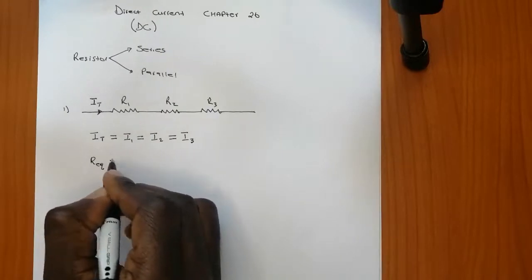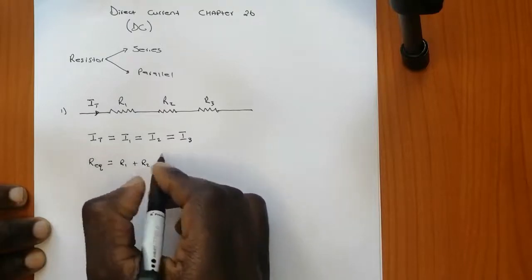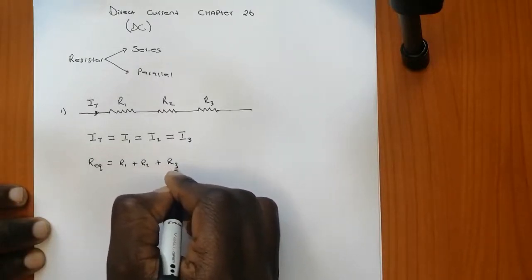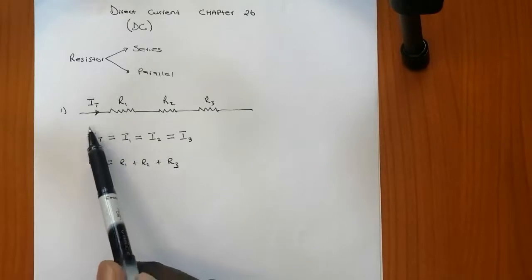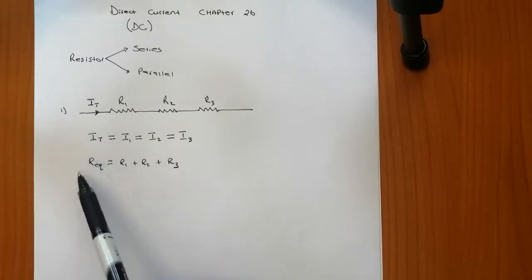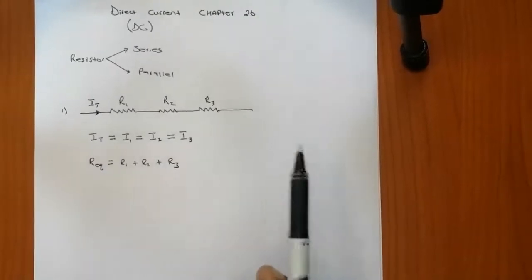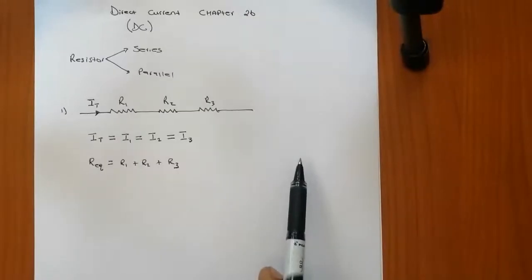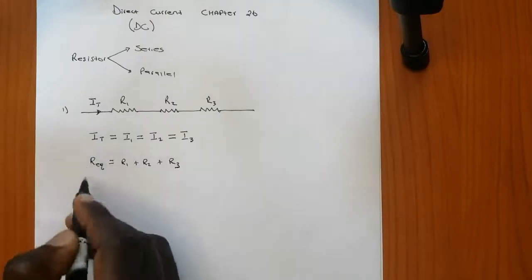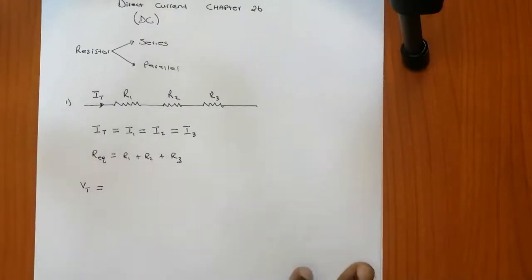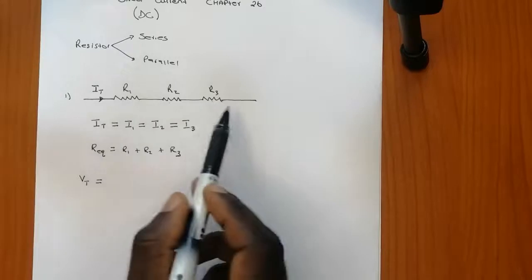So R equivalent, or R total, will be R1 plus R2 plus R3. And of course, if you know the current and you know the resistance, then you can calculate the potential difference across all these resistors. So V total will be equal to the potential drop at each resistor.